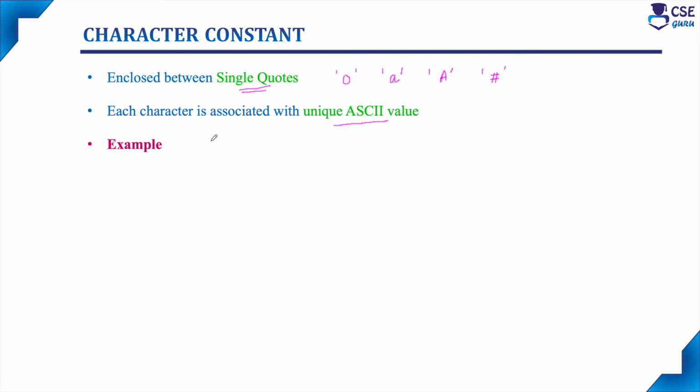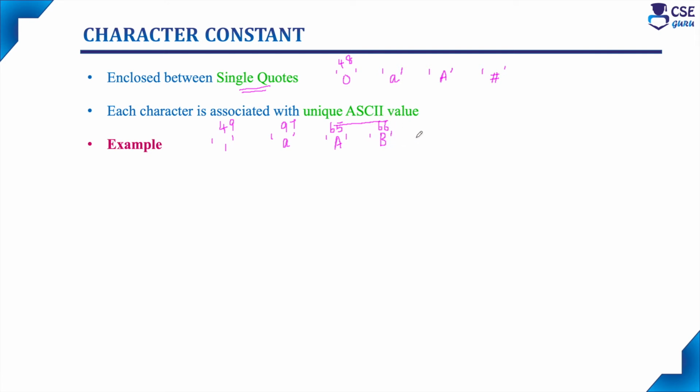For example, within single quotes, if you enter the number 1, its ASCII value is 49. For 0 it is 48. For small letter a it is 97. For capital A it is 65, for capital B it is 66, and likewise capital C is 67.